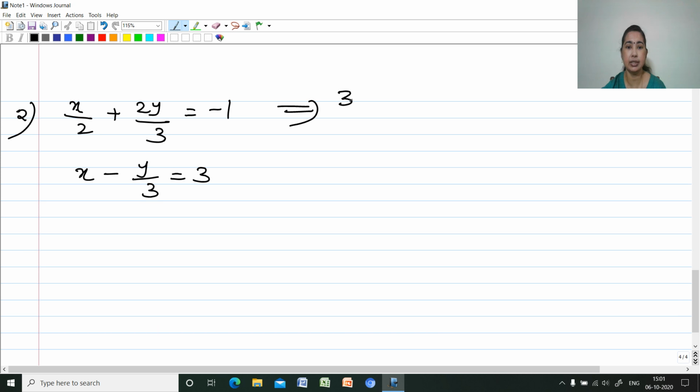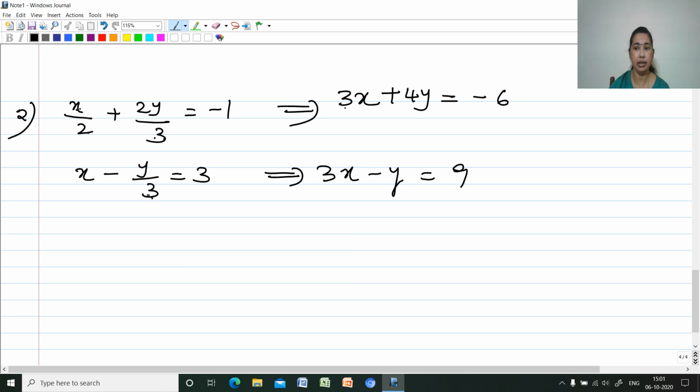So you will get 3x, this 3 you multiply this side, 2 you multiply to the other side, so 4y divided by 6 equals -1, or it is the same as equal to -6. You take the denominator and multiply to the other side, and this becomes 3x + 4y = -6. For the second, (3x - y) divided by 3 is equal to 3, because if you multiply the 3 to this side, it becomes 3x. That means 3x - y = 9.